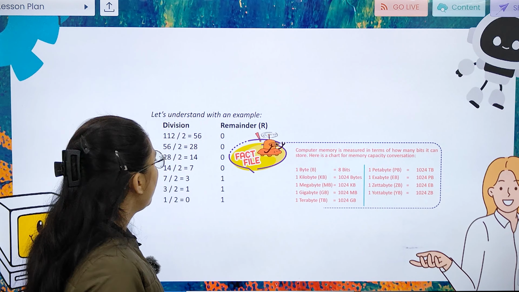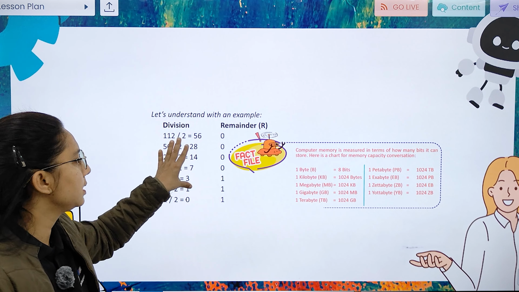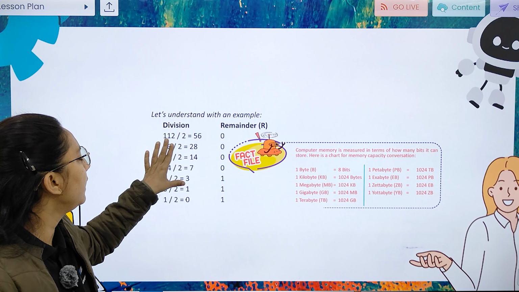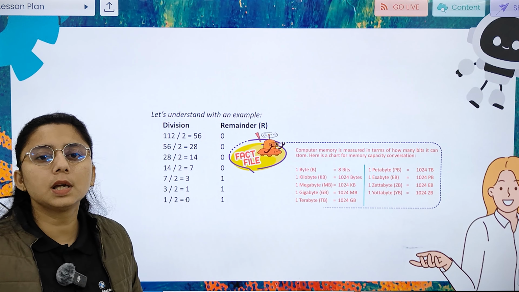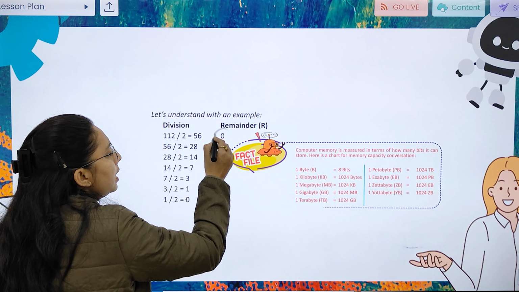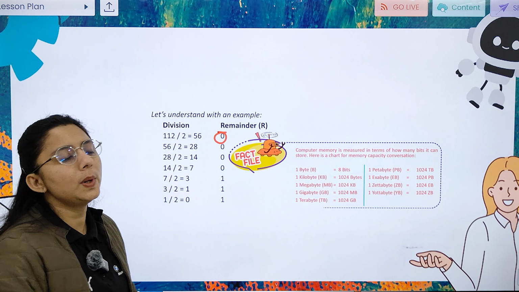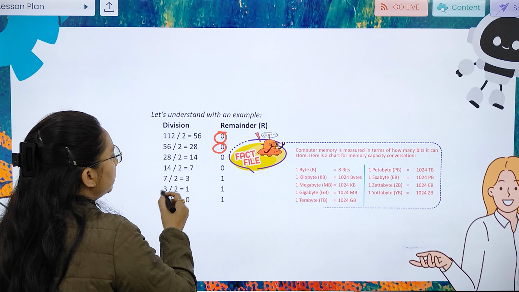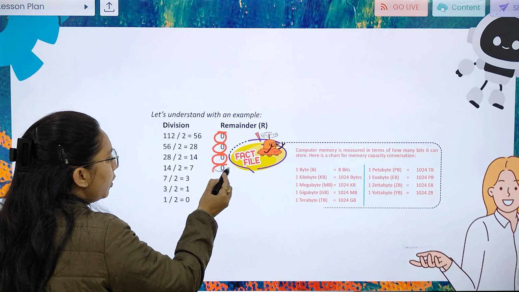Right? Now, like this, we have here a division of 112 divided by 2. So 2 5s are 10, 2 6s are 12. So here the remainder will be 0. Now 56: 2 2s are 4, 2 8s are 16. Remainder 0. 2 1s are 2, 2 4s are 8, remainder 0. 2 7s are 14, remainder 0.